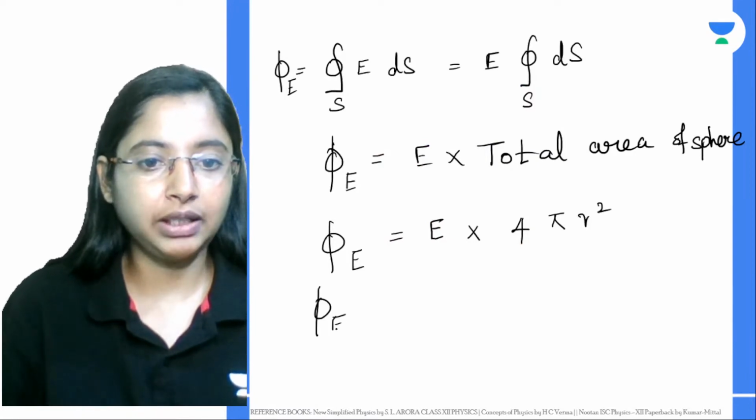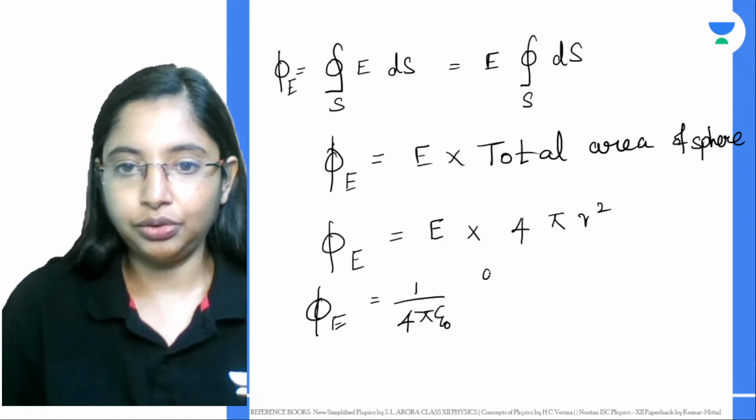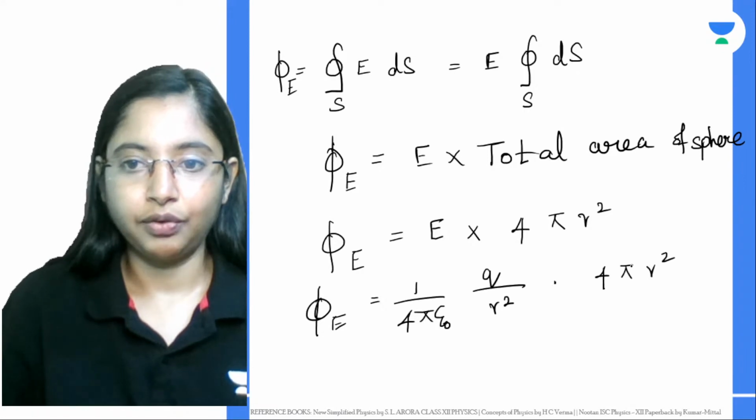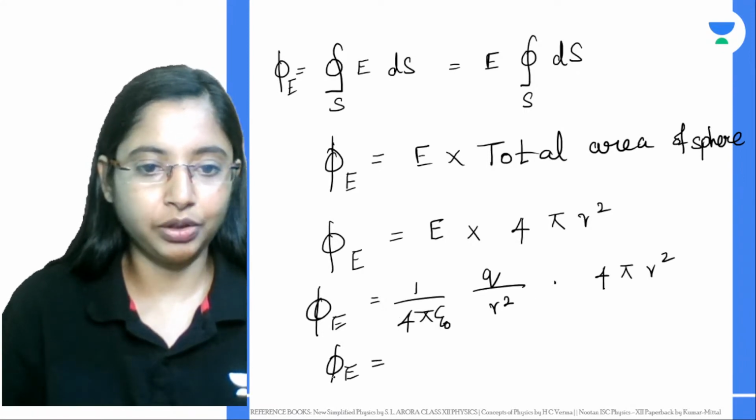And we know the value of E. E is 1 by 4 pi epsilon naught, q divided by r square, into 4 pi r square. 4 pi and 4 pi cancel, r square and r square cancel. So phi E will be what here?